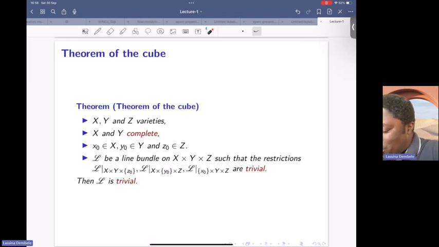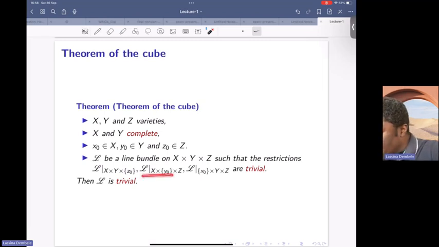And the last assumption is that you have a line bundle L on the product of these three varieties such that the restriction of L to X cross Y cross z naught is trivial.